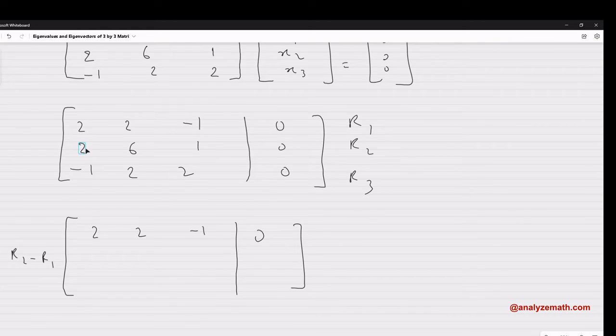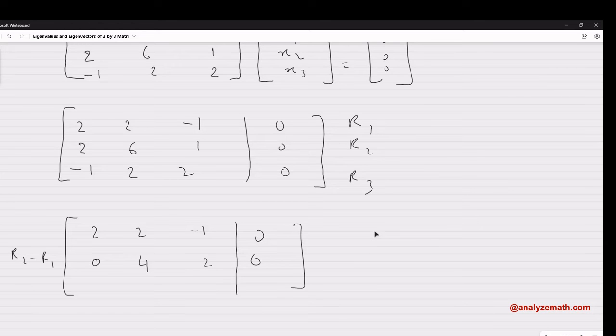Remember, we need to have 0 here, here, and here. We reduce it to row echelon form. So we need R2 minus R1: 2 minus 2, 0. 6 minus 2, 4. 1 minus minus 1 gives me 2. The zeros will not change.